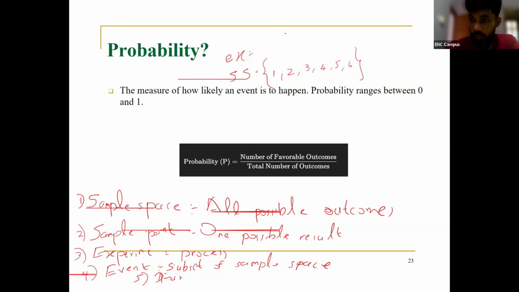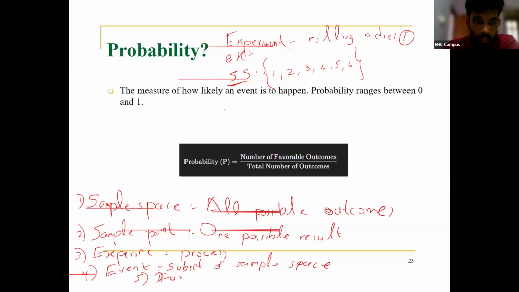I am rolling a dice one time. That's my experiment, the process. For that experiment, the sample space is the possible outcomes 1, 2, 3, 4, 5, 6.